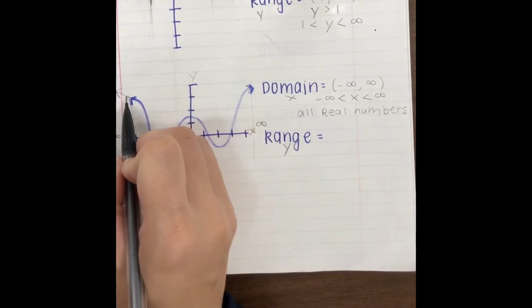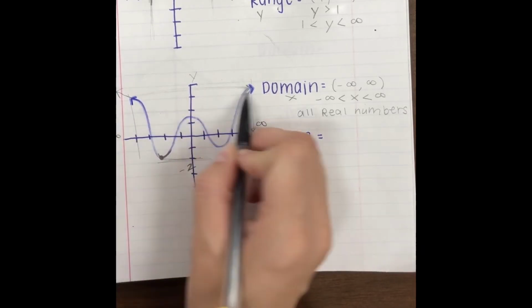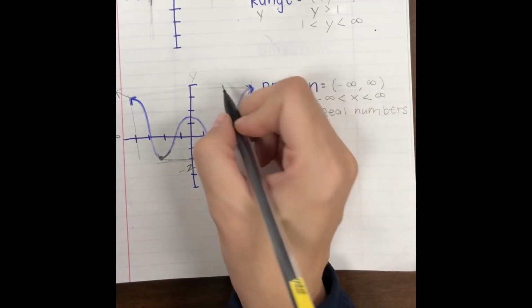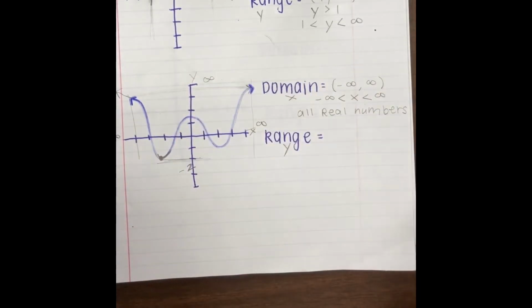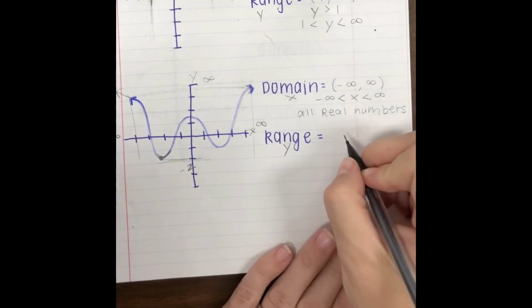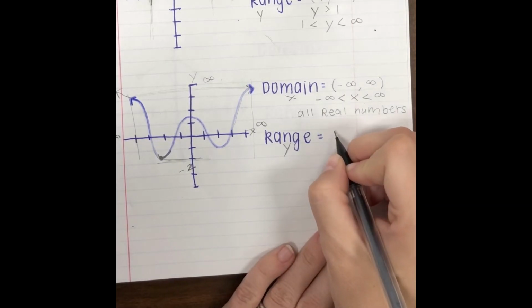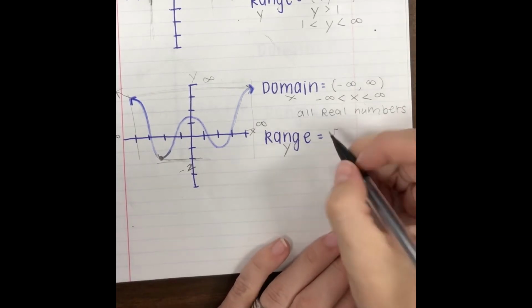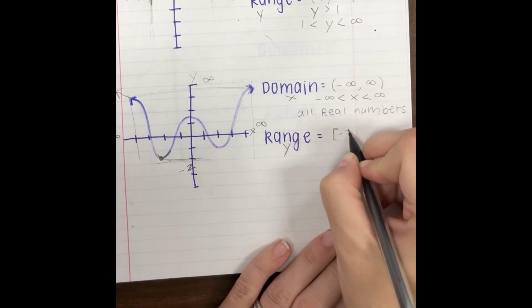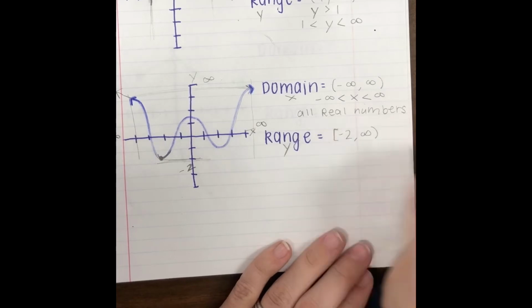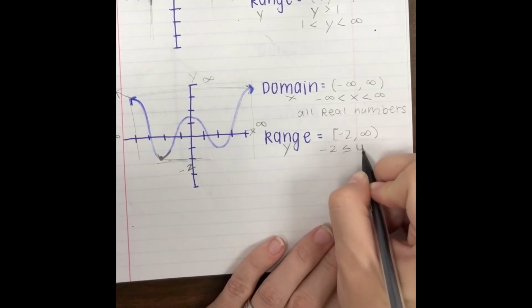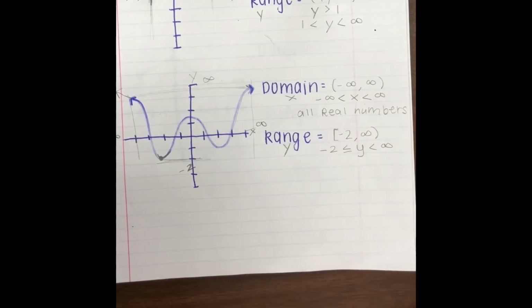And then the highest up it goes is all the way up here, but we have arrows, which means it's going to keep going up to infinity. So our range runs from closed circle, so bracket, from -2 to infinity. -2 is less than or equal to y, which is less than infinity.